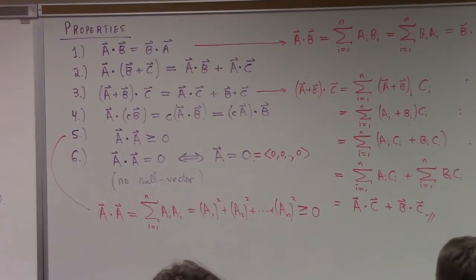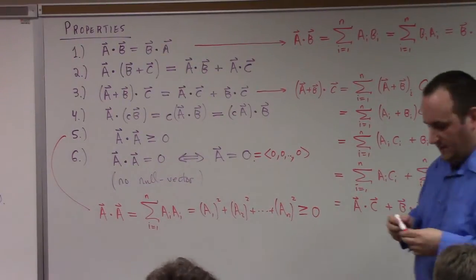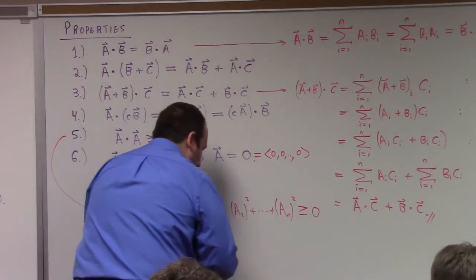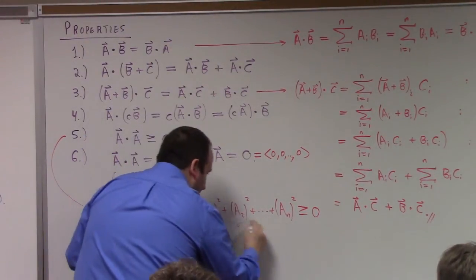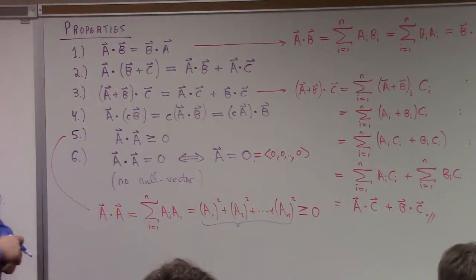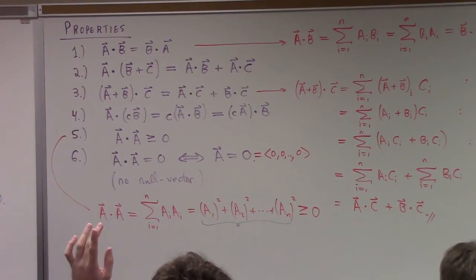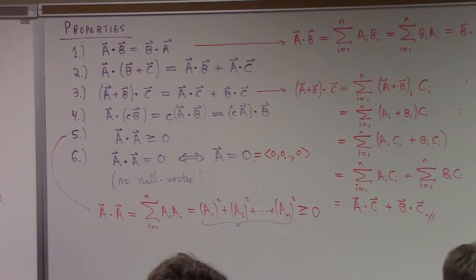But first, to do that, I need to make an identification, guys. And you can already kind of see it from here. What is this thing I just wrote here? We defined this last time, actually. It's the square of the norm of the vector.